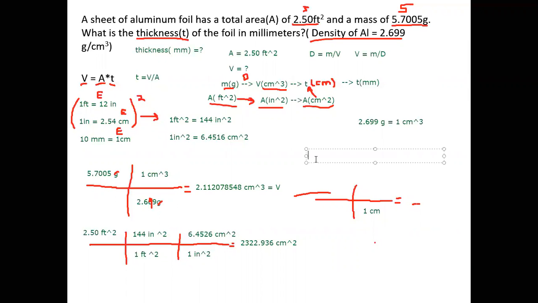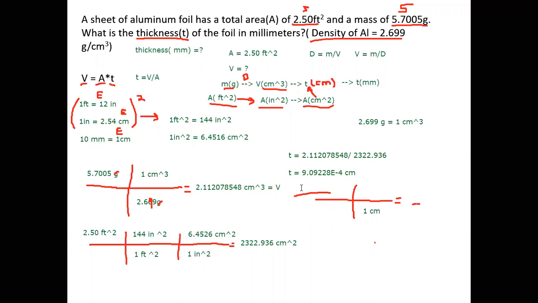So now thickness. So we get 9.09228 times 10 to the negative 4 centimeters.